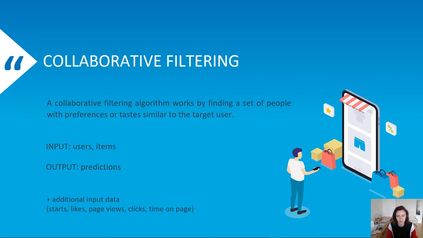When you see an item and you want to shop that item, Amazon can record how much time you spend seeing that page. And the output of this software system is a prediction, so a list of possible items that the user can potentially be interested in.